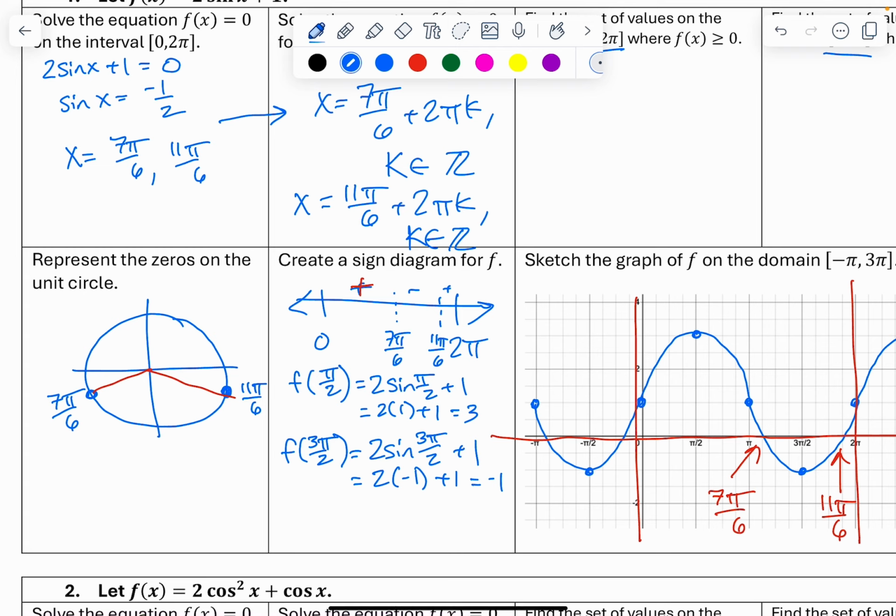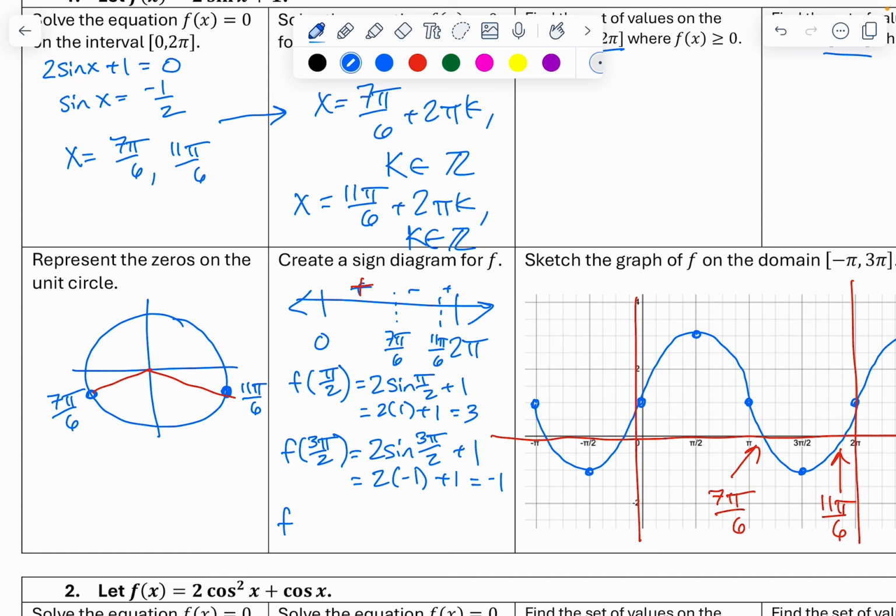Then I can try, well, it's a little tricky, there's not anything unit circle friendly between 11 pi over 6 and 2 pi. Later I will teach you how to find, what would that be, 23 pi over 12, but that's kind of annoying. But what we notice here is that 2 pi was not actually a 0.